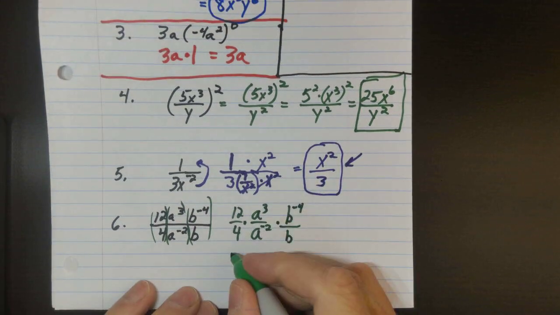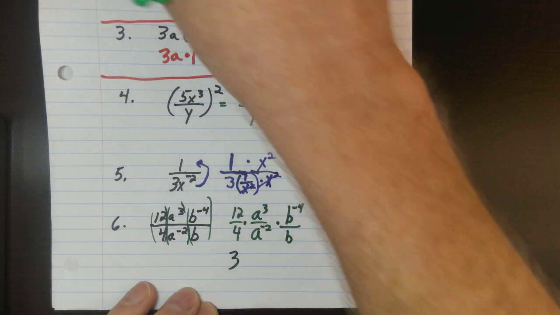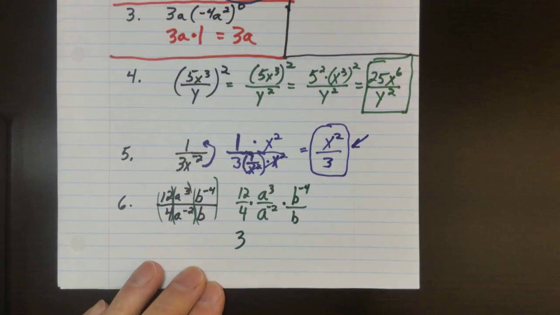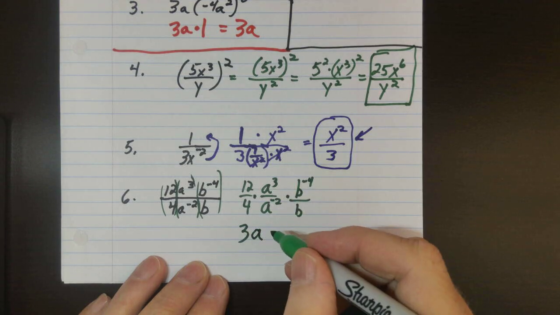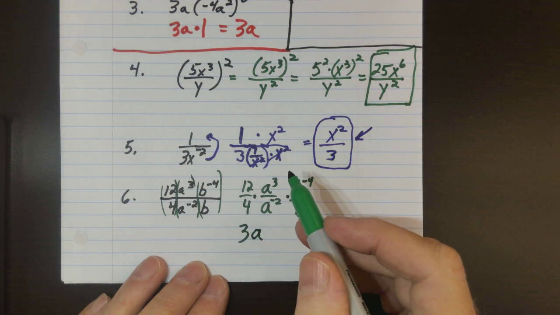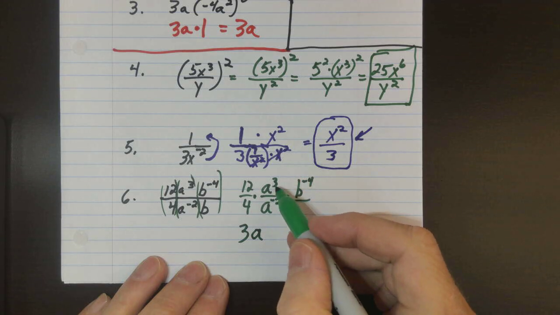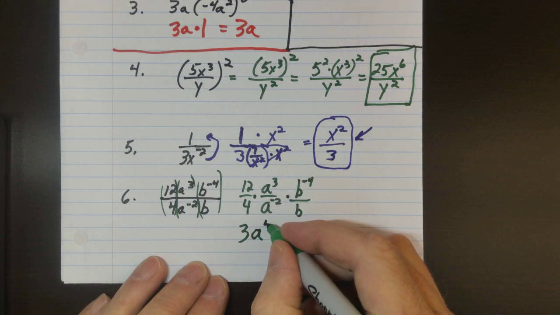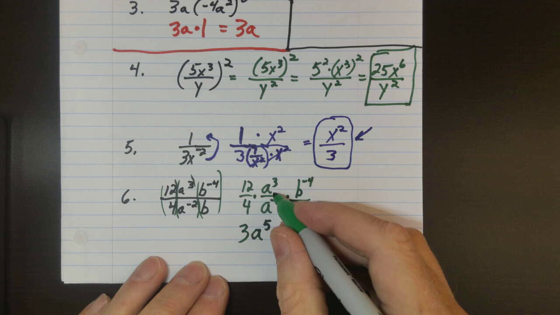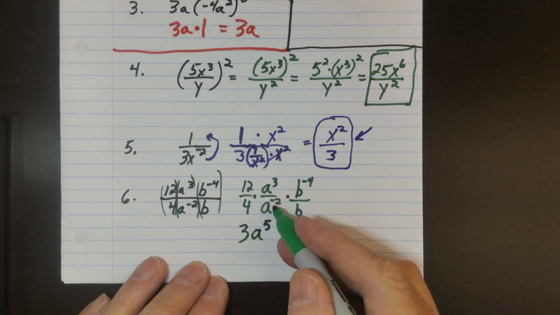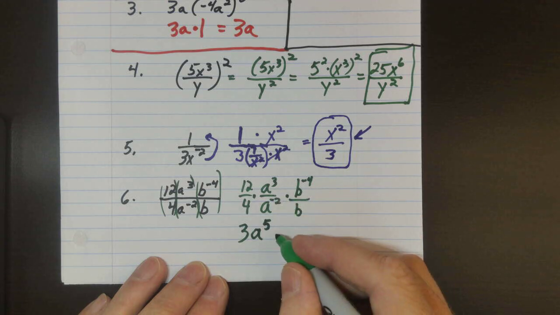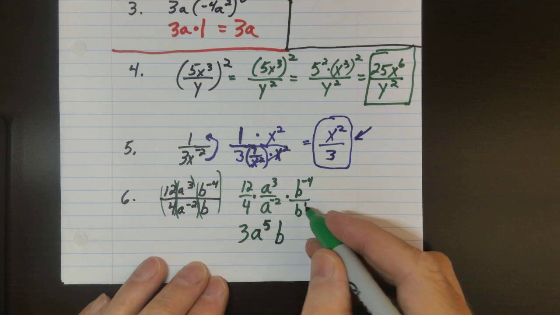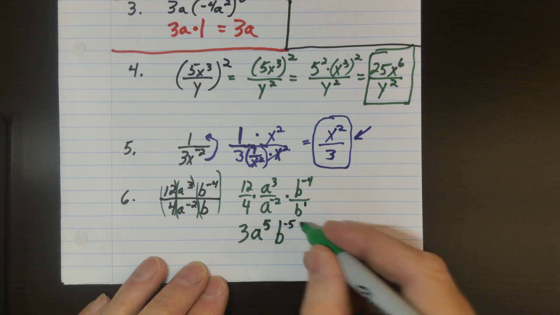And the 12 over 4 is equal to 3. And then a to the 3 minus negative 2 is 3 plus 2, which is 5. The power of a is 3 minus negative 2. And then b to the negative 4 minus 1, that's negative 5.